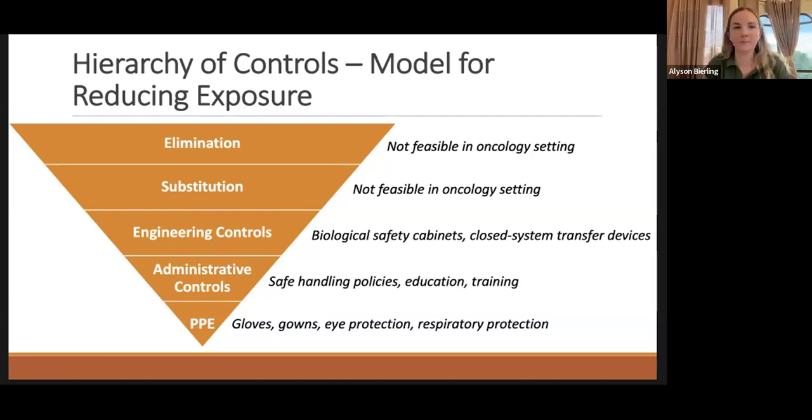Administrative controls include safe handling policies, educating and training healthcare workers, and then finally, and importantly, personal protective equipment such as gloves, gown, eye protection, and respiratory protection as well. So we'll talk more about these controls that are within our reach in our setting in the next slide.